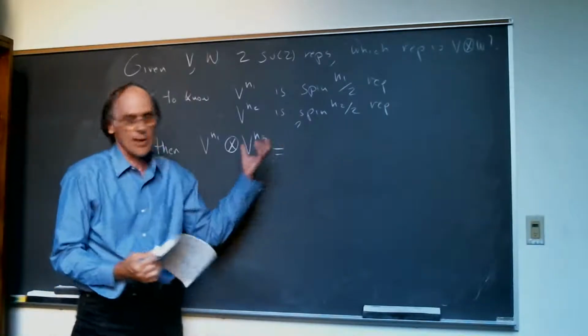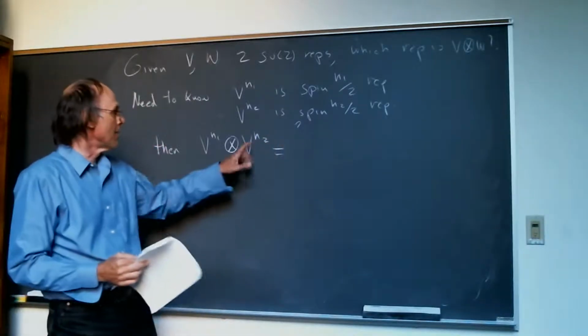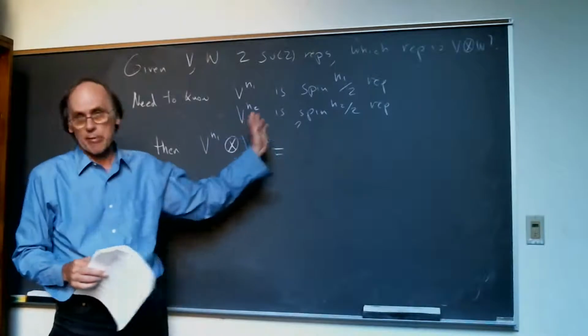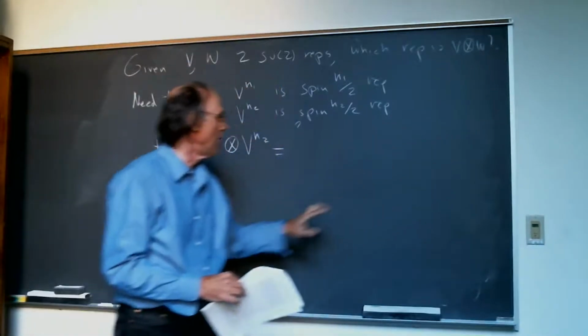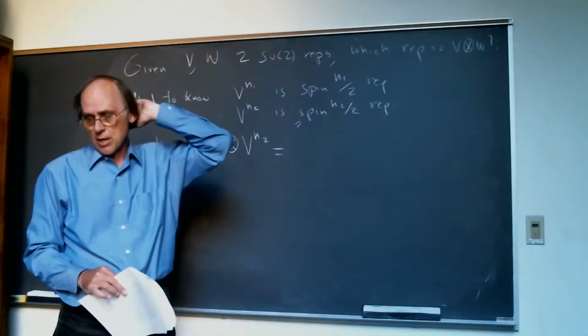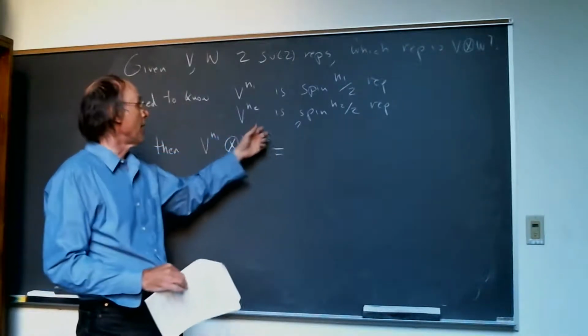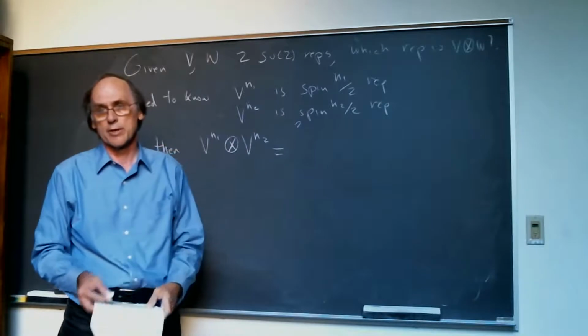All I know from abstract nonsense is that any representation can be broken up into irreducibles. So this is a direct sum of SU(2) representations with different values of the spin, but we don't know which ones.